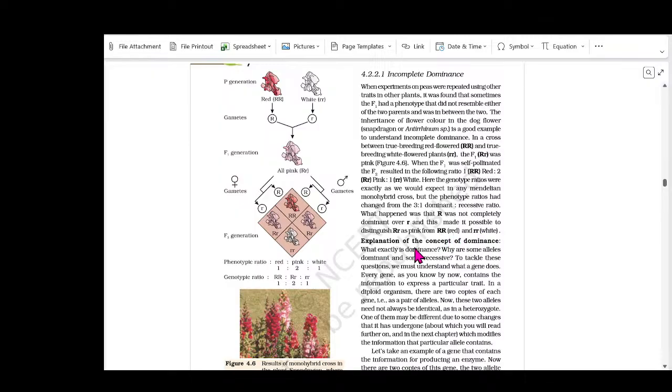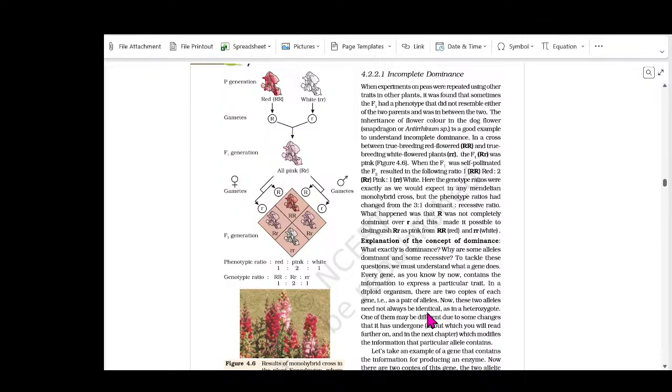Explanation of the concept of dominance. What exactly is dominance? Why are some alleles dominant and some recessive? To tackle these questions, we must understand what a gene does. Every gene, as you know by now, contains the information to express a particular trait. In a diploid organism, there are two copies of each gene, that is, a pair of alleles.